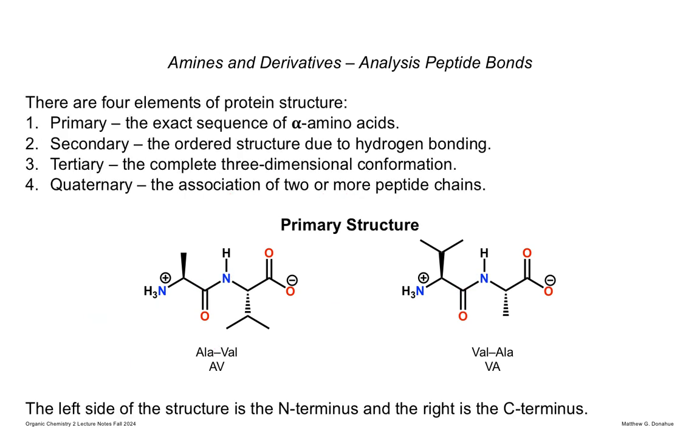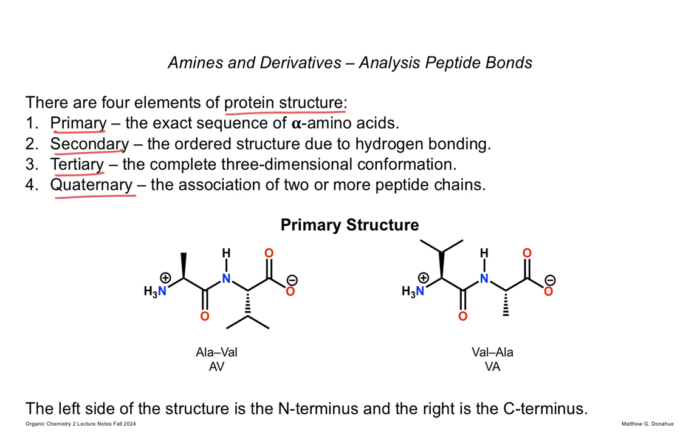The 4 elements of protein structure: primary, secondary, tertiary, and quaternary. Primary, which we'll focus on for the most part in this class. The other 3 are what you learn later on. Primary is the exact sequence of the alpha amino acids, and again, we're recording those left to right as we read the sequence.